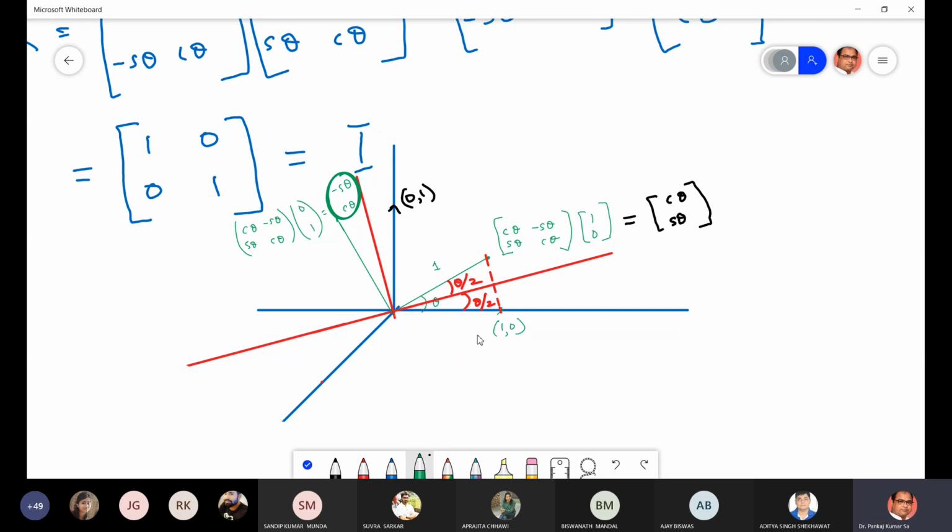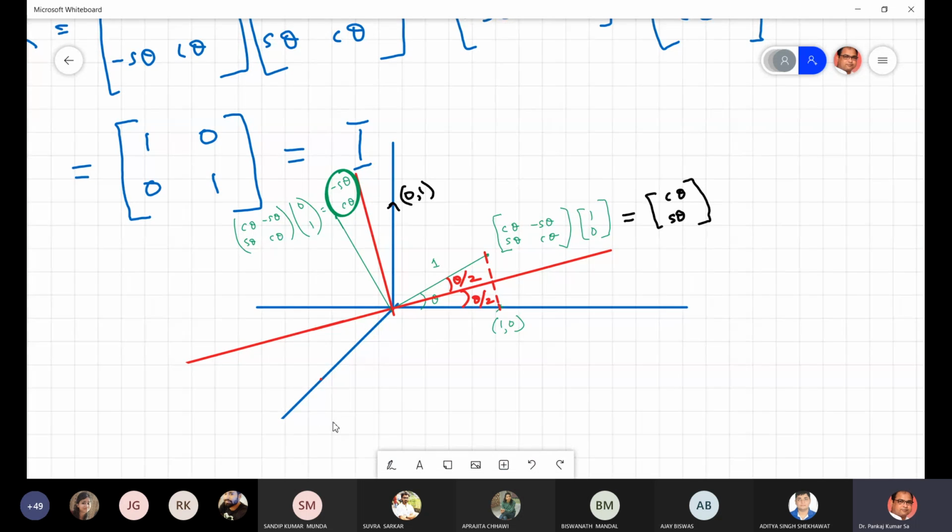Now, similar to this, there is also another matrix, and that is what we're going to see today.